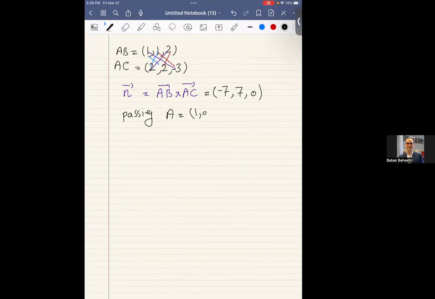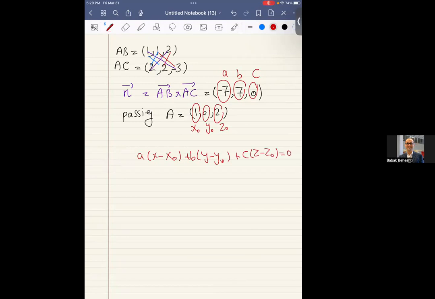The equation of a plane passing through x0, y0, z0 with normal n equal to A, B, C, the formal equation is, so if this is A, this is B, this is C, and this is x0: A times x minus x0 plus B times y minus y0 plus C times z minus z0 equal to 0.